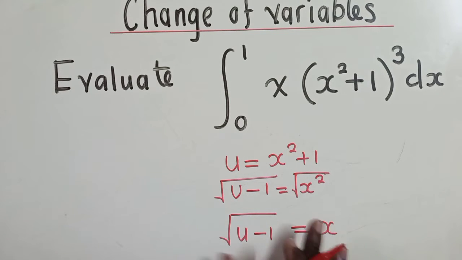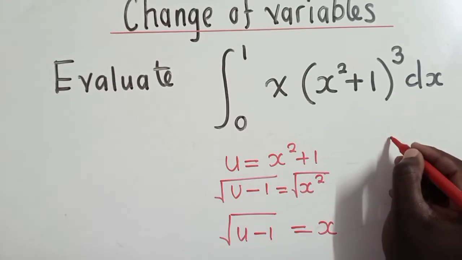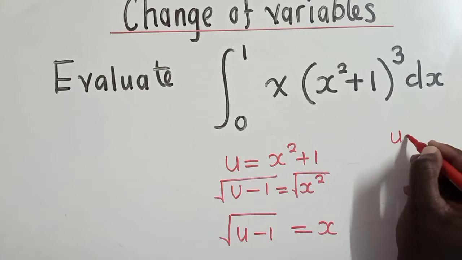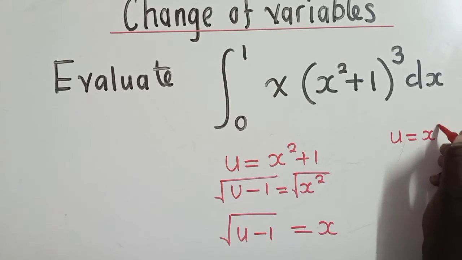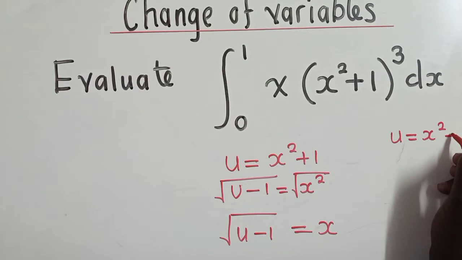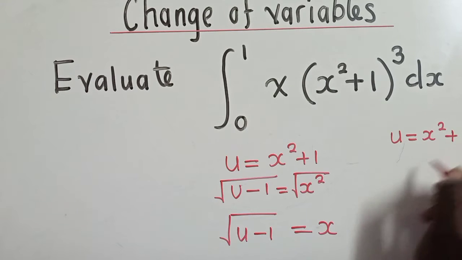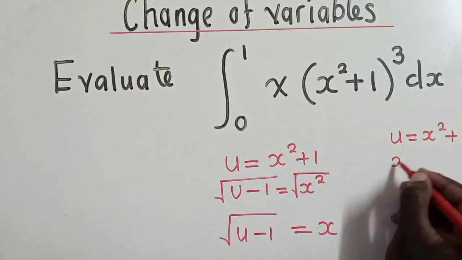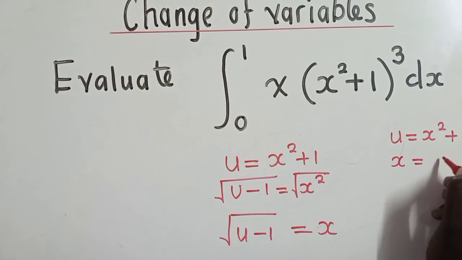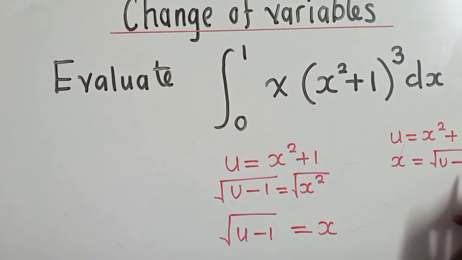Okay, so let's keep this data nicely. We're going to write it here. Our u is equal to x power 2 plus 1, and our x is equal to root over u minus 1.